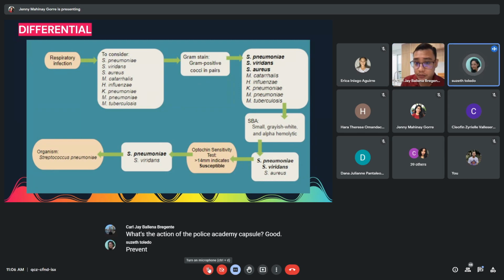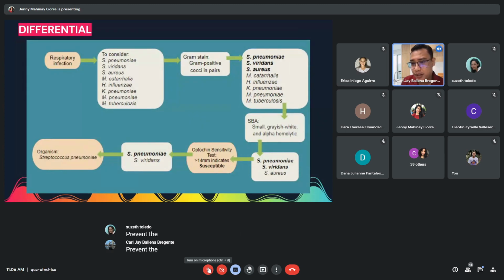Prevent the WBC... Prevent the WBC from what? It protects the bacteria from phagocytosis. Okay.